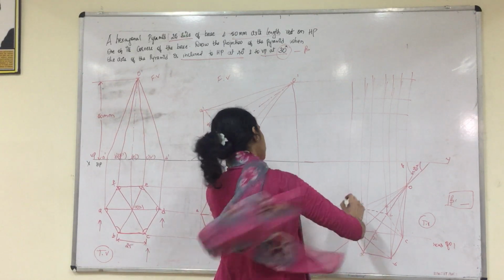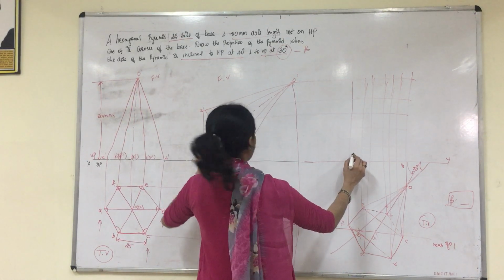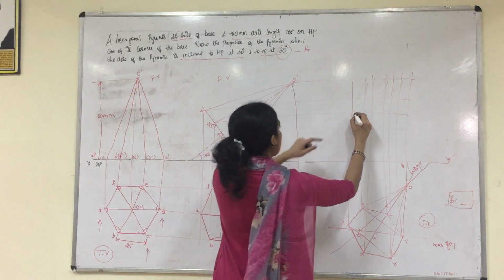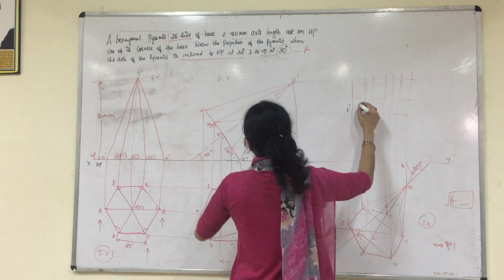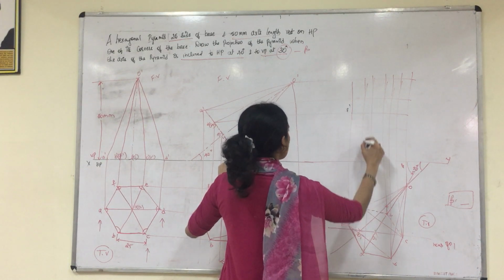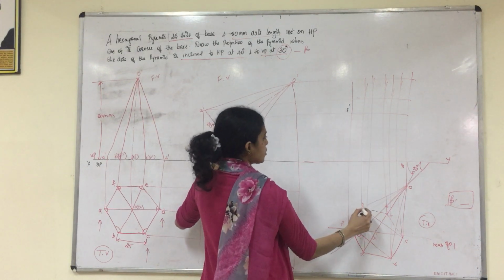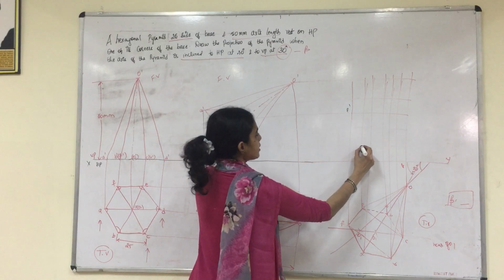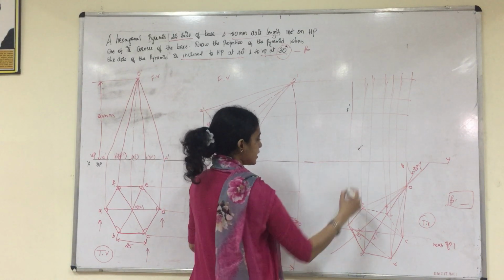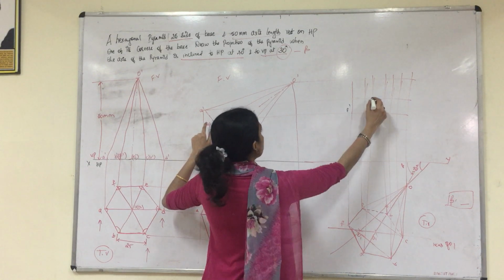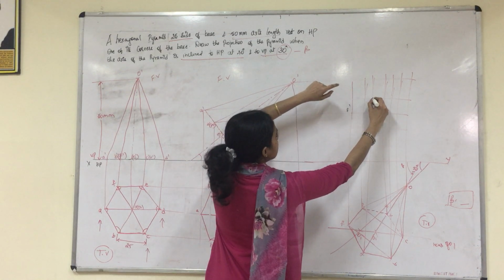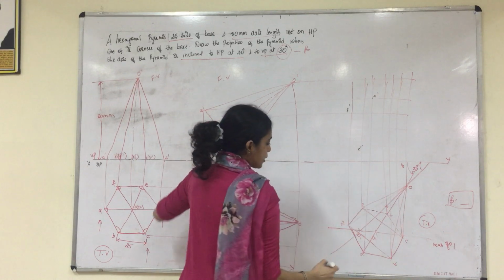After taking the projection, start reading the locus. Here the locus of F is meeting F dash at this point. So this is our F dash. Locus of E is meeting E dash at this point. So this is our E dash. Locus of A and A dash is meeting at this point. So this is our A dash.